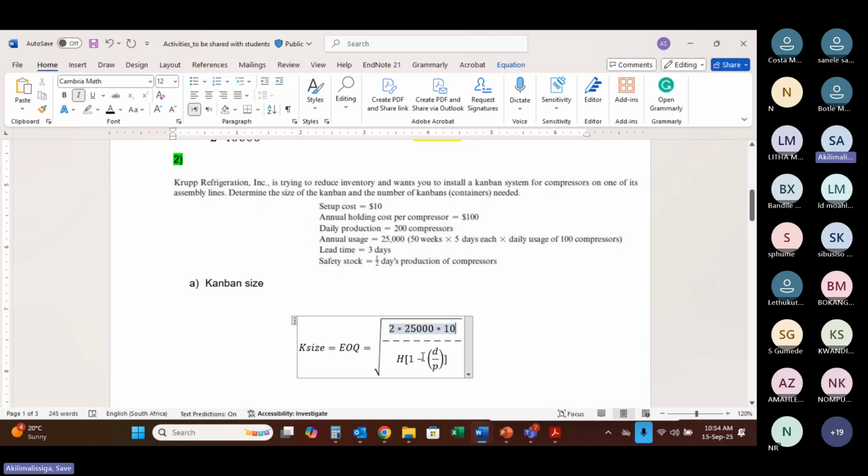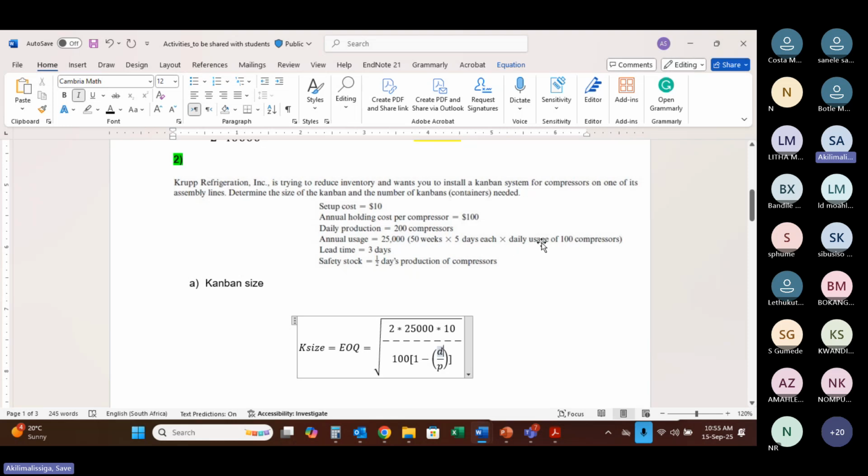Now, below here, it says the holding cost. Again, you're going to check here: annual holding cost per compressor is 100. Small d is the daily demand. Here we have the annual demand of 25,000 compressors. Between brackets, it says 50 weeks, 5 days each.